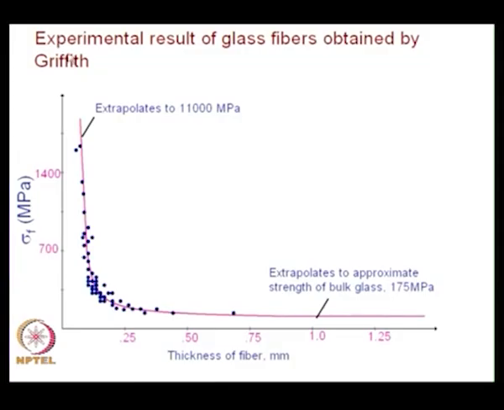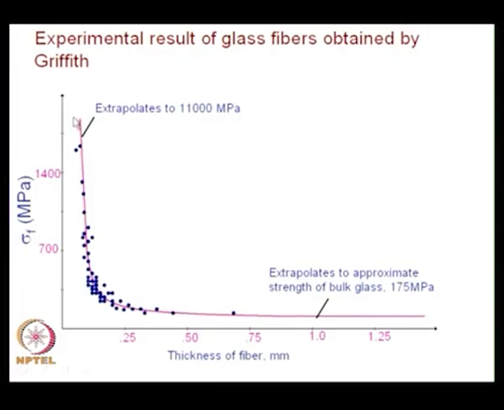So, what he did was he performed experiments on glass fibers. He carefully reduced their diameter, and then he plotted thickness of the fiber versus the fracture strength, and this is purely based on experiment.